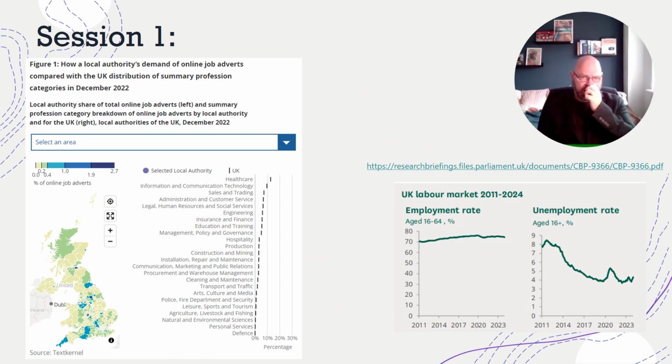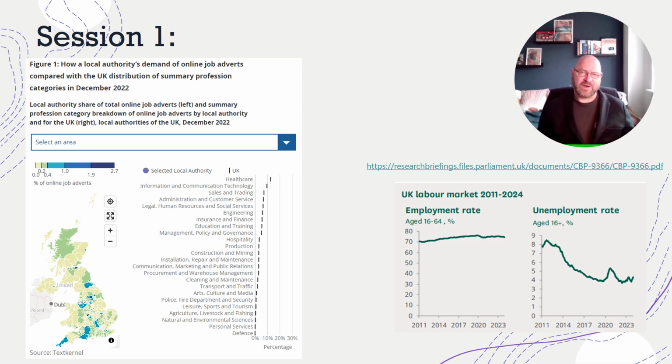So here's an example. This is from the UK. On the right-hand side, you can see the UK labour markets from 2011 to 2024. You can see that we've got a very high employment rate, always above 70%, and therefore our unemployment rate, particularly in 2023, is really, really low, around the 4% mark.